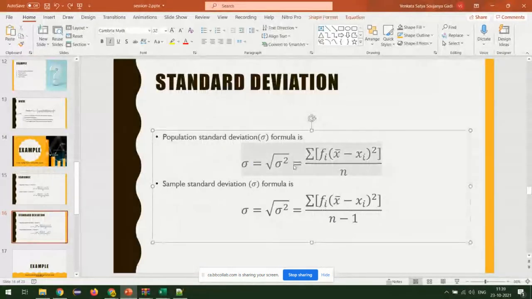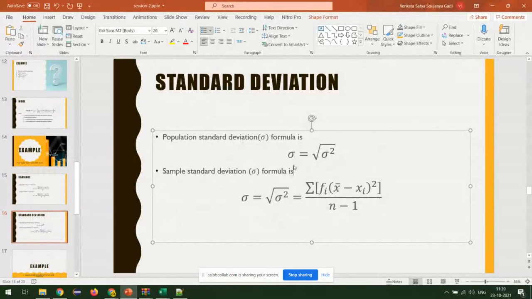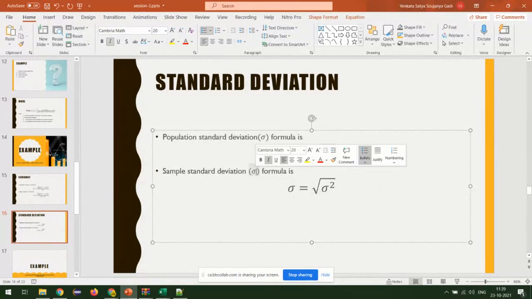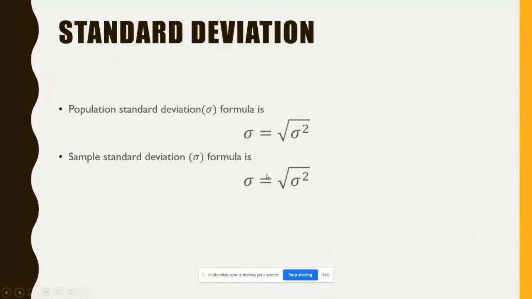So let me remove this because it's kind of not correct. Because you have to apply the square root, right? Okay. So the standard deviation is sigma, which is equals to square root of the variance.